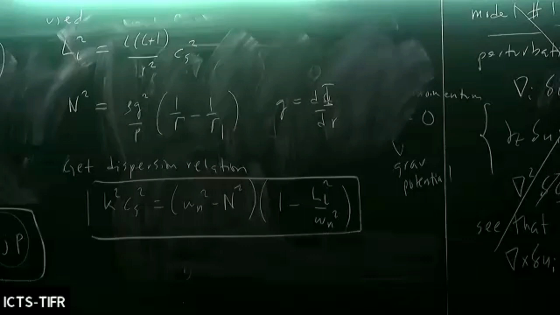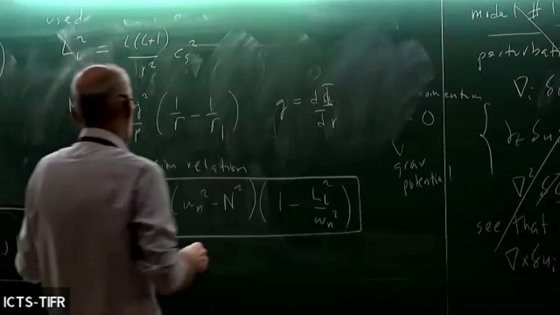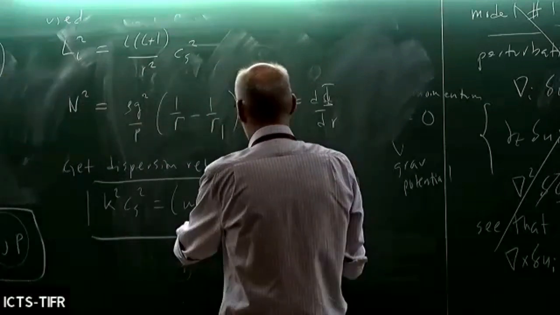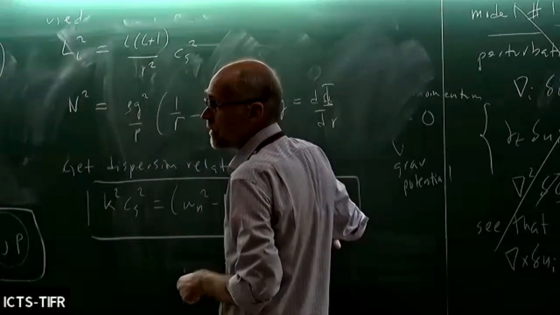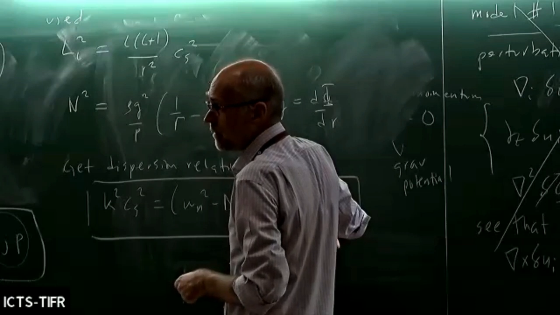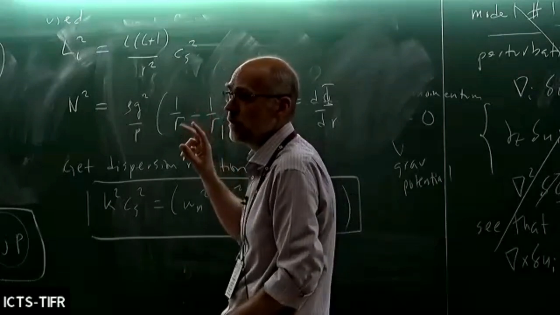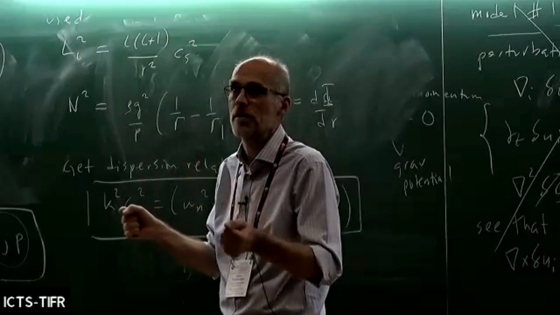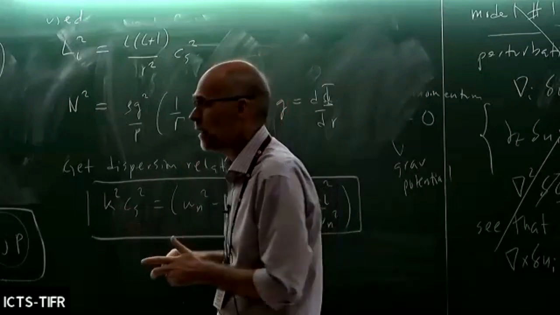Okay. Now, what does it tell us? Well, this is a quartic for omega n. It's a quadratic for omega n squared. Right? So we'll have two roots. So it will be two sets of modes coming out of this calculation. Right?